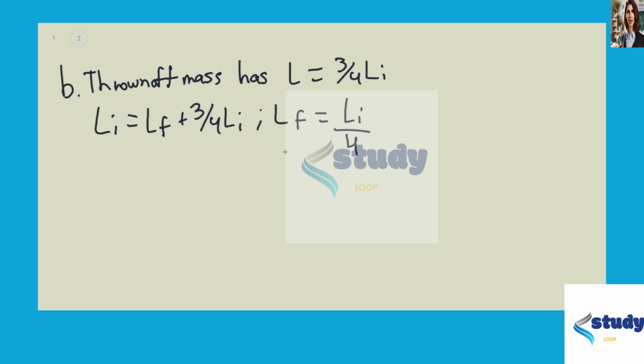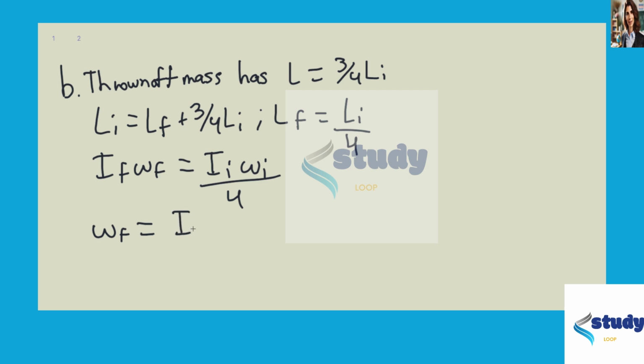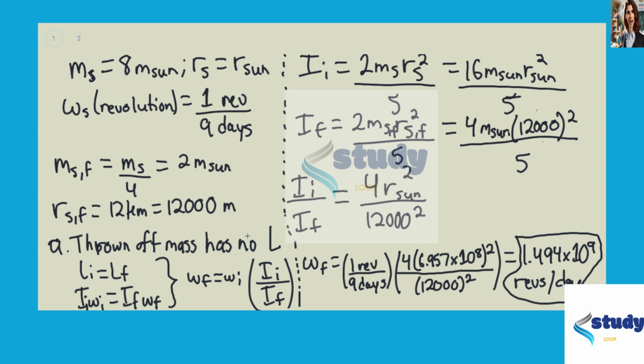Let's write it out to prove it though. So we can say I final omega final equals I initial omega initial over 4. So that means that omega final equals I initial over I final times omega initial over 4.